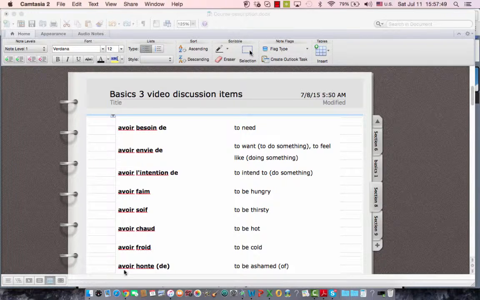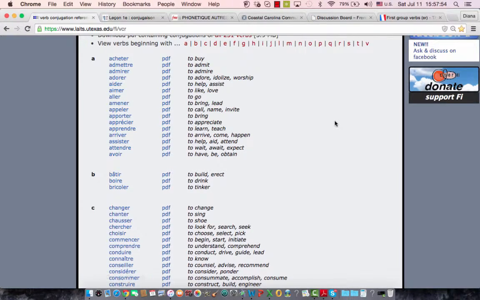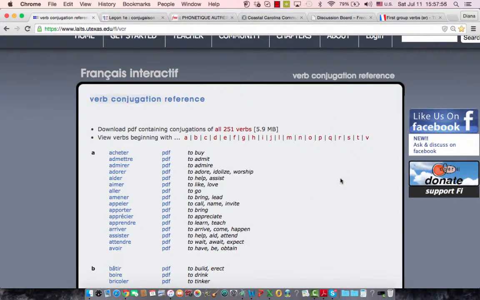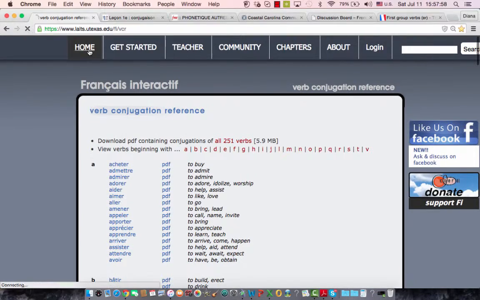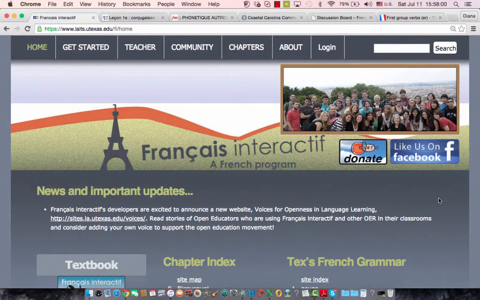Let's have a look at the first group verbs. Now, in the French language, the verbs are classified in 3 groups.